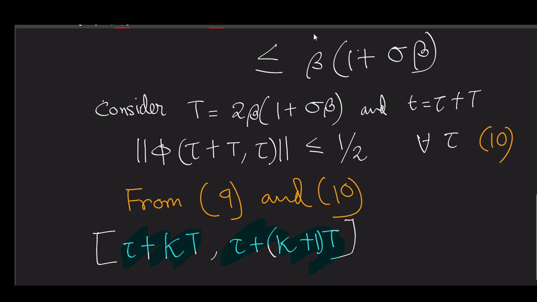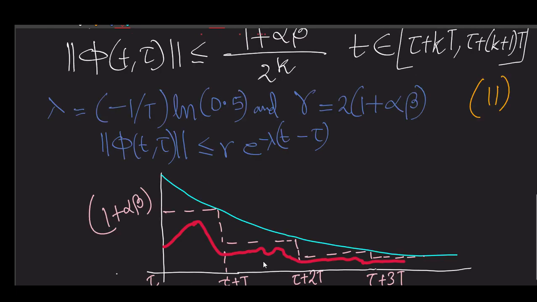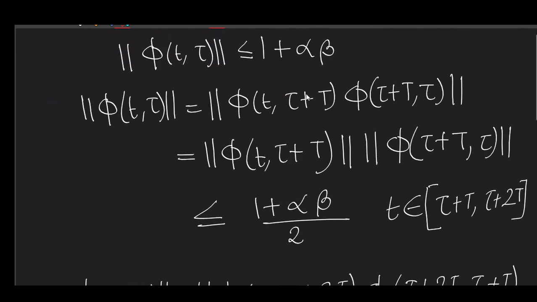So what we are getting here is that phi t comma tau is less than or equal to 1 plus alpha beta. Then we are talking about phi t comma tau, but this time here we are taking t in this range, that is tau plus T to tau plus 2T. Previously it was only in this range.